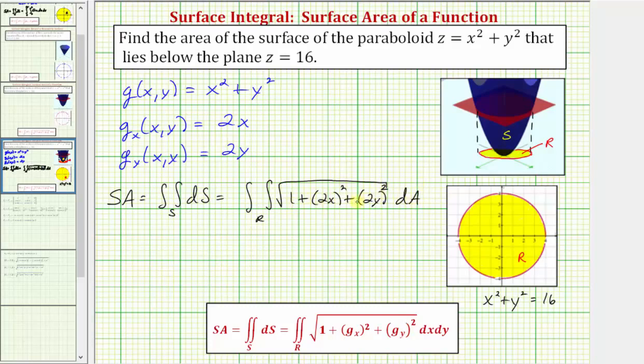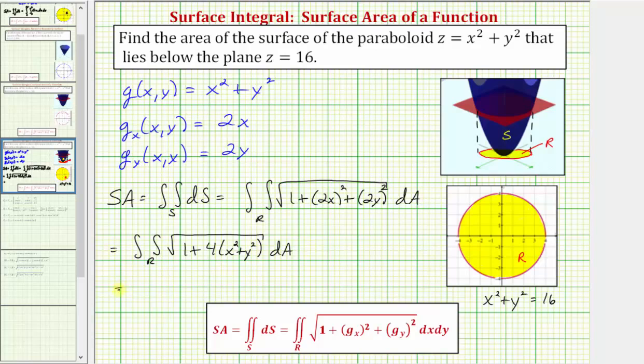Let's go ahead and simplify the exponents. So we have the double integral over the region R of the square root of 1 plus, well, this is going to be 4x squared plus 4y squared. Let's factor out the 4, so we'd have 4 times the quantity x squared plus y squared, differential A. So because the region R is a circle, let's write this using polar coordinates, where differential A is equal to r dr d theta, and x squared plus y squared equals r squared.